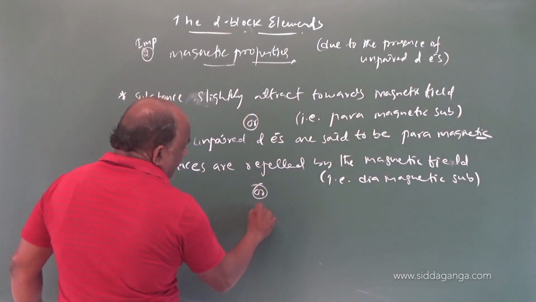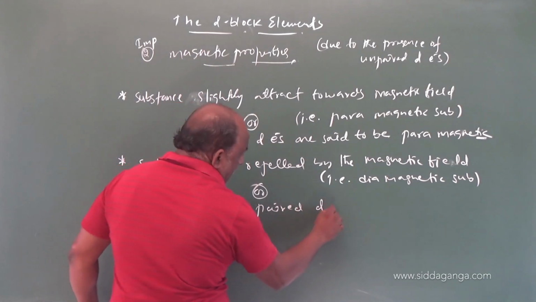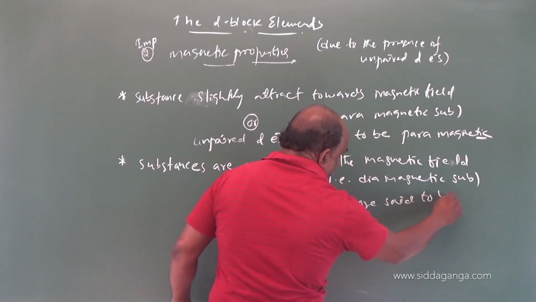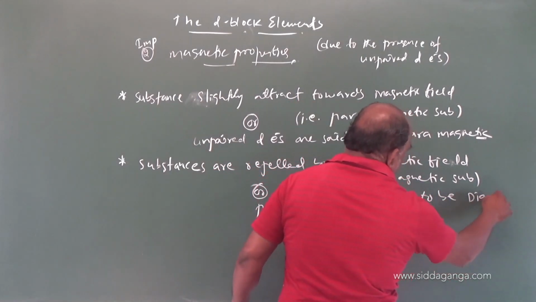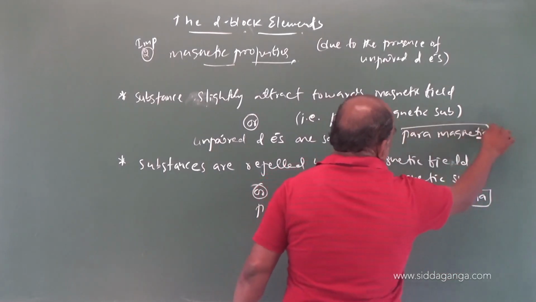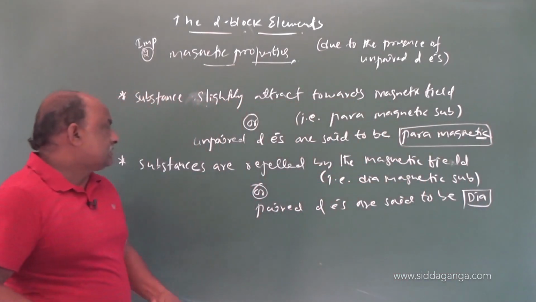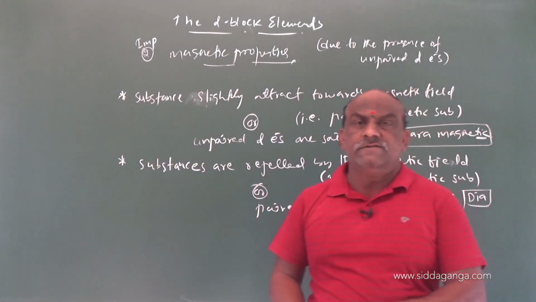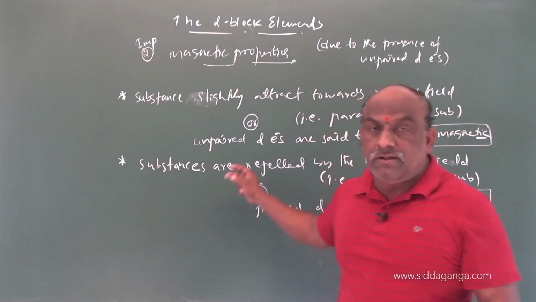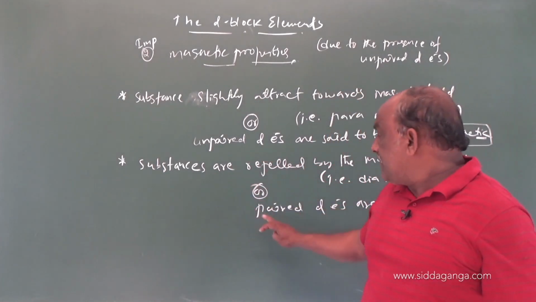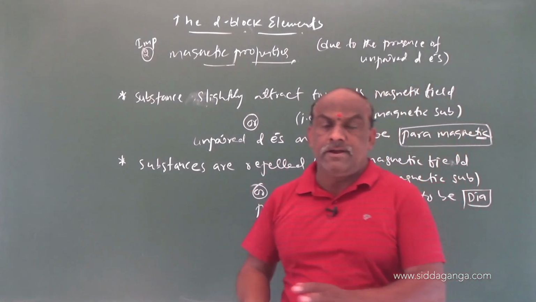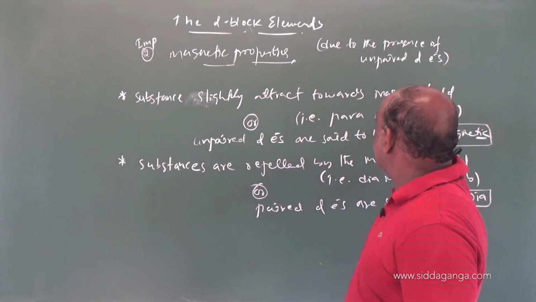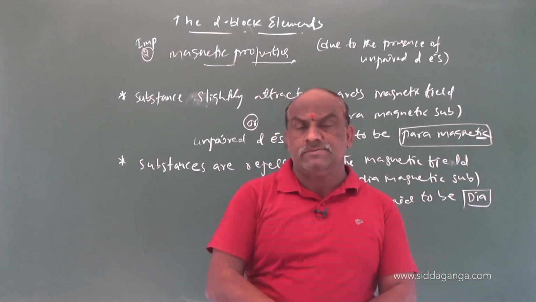Paired d electrons are said to be diamagnetic. Substances which are repelled by the magnetic field are called diamagnetic substances. Substances which are slightly attracted towards a magnetic field are called paramagnetic substances.